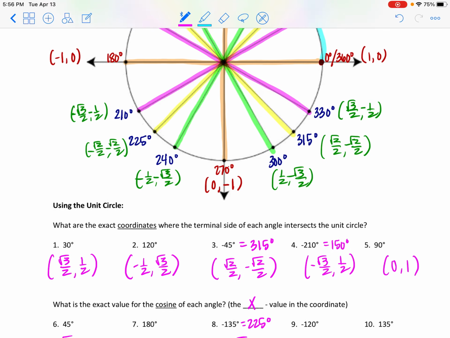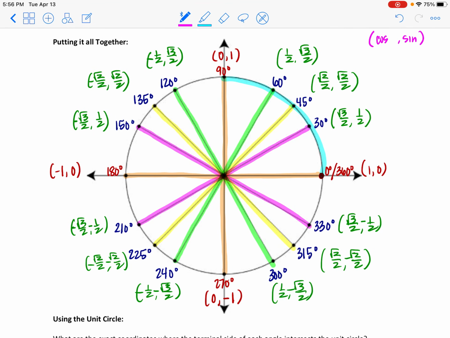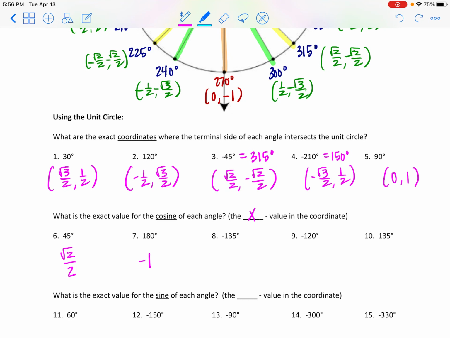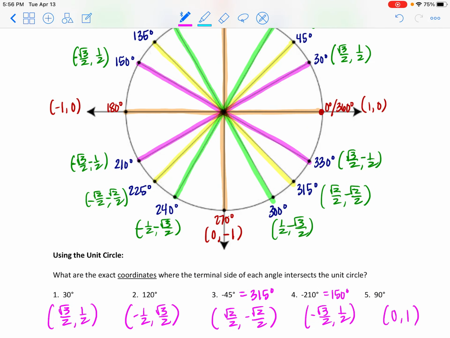Okay? Negative 120. Oh man, I put highlighter and I didn't undo it. Okay, let me put this back. I messed up my notes. This was 225. At 225, the cosine was negative radical 2 over 2. Okay, negative 120.